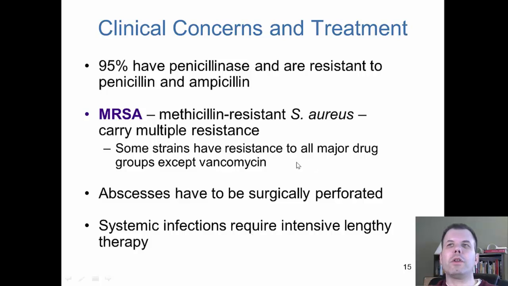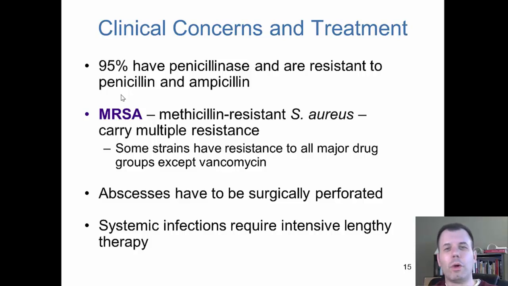Okay, now some clinical concerns and some treatment associated. Now, again, most of the staph that we treat are going to be penicillin resistant, meaning they have an enzyme that goes in and eats up the penicillin and penicillin derivatives. So penicillin, ampicillin, amoxicillin will do nothing to staph infections. So typically you're talking about stronger types of drugs that will go in and destroy the staph.